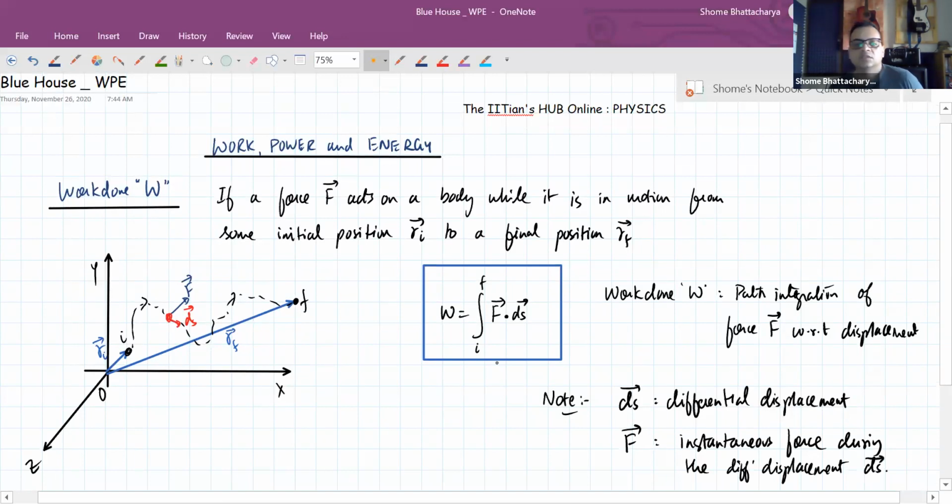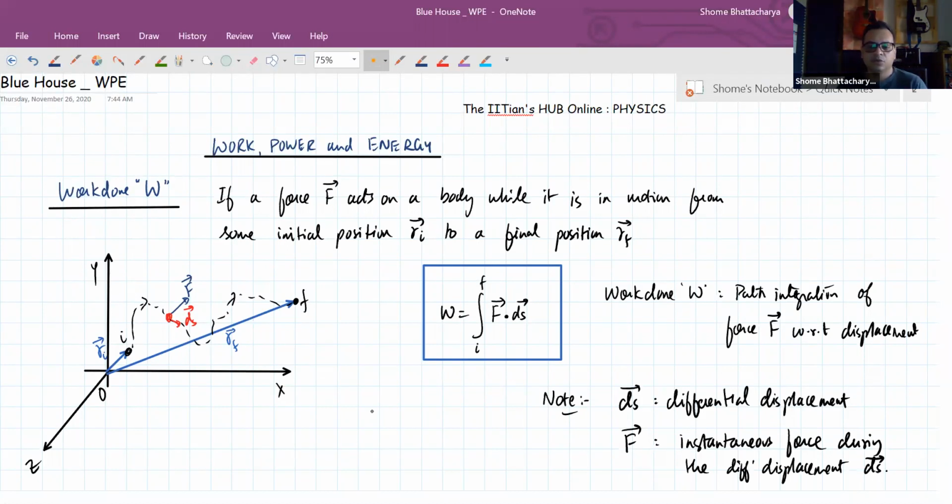This is the proper and general definition of work done by force. Please make a note of this first. It might be a little confusing at first, but as we look at examples and see how to apply this definition, it will become more clear to you.